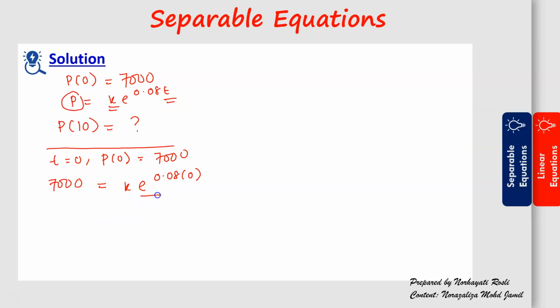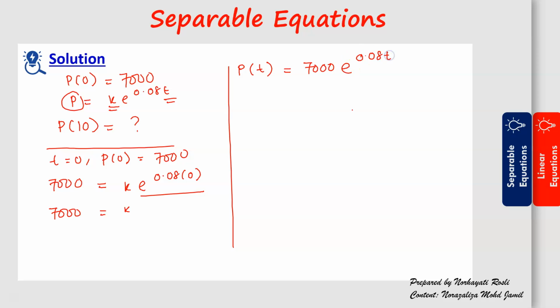In this case, exponential of 0, using your calculator, you will get equal to 1. So directly we can get K equal to 7,000. Based on this, we will have your particular solution: P at time t is equal to 7,000 times exponential of 0.08 t.